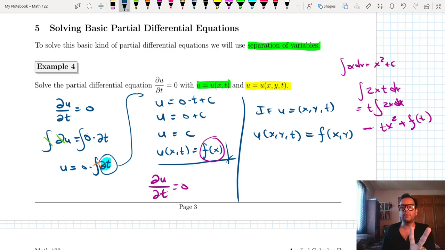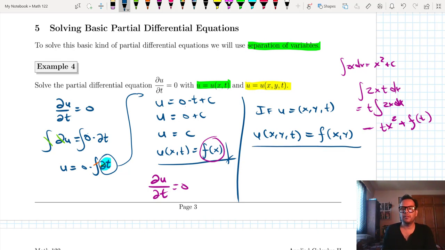The other two variables, x and y, were held constant. So in that case, we need to come up with some function that depends on x and y. And again, take the derivative of this function f of x, y, differentiating with respect to t. There's no t, it's treated like a constant. The derivative of a constant is 0, which is precisely what we have here in the first place. Partial equals 0.